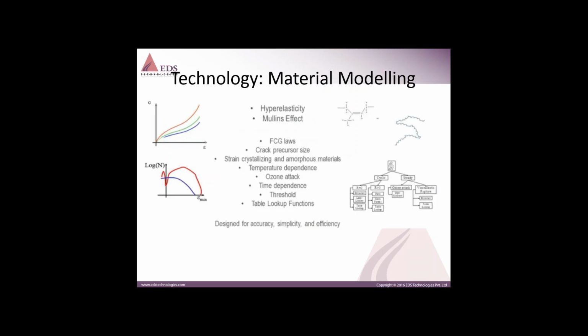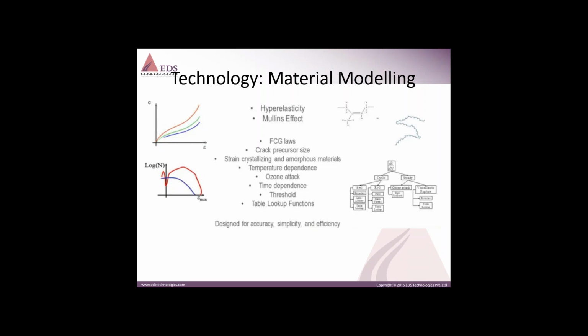Next comes technology. Let us understand the technology which is behind this FSAF Rubber. This is a list of material models which are used in FSAF Rubber for better understanding of the behavior of the material. For the stress-strain law, there are mainly 6 different material models available.